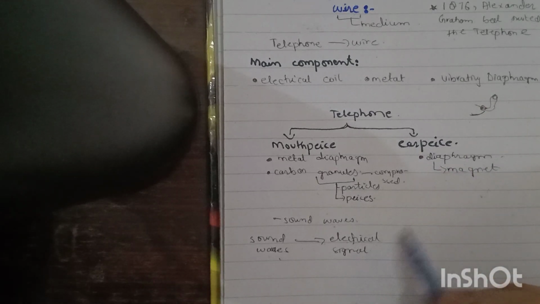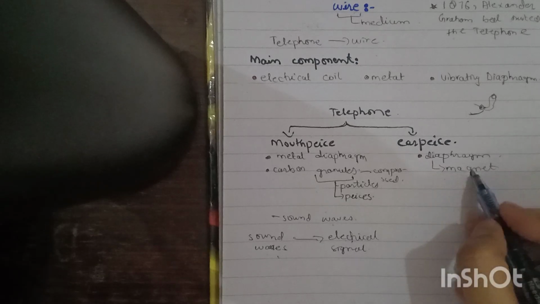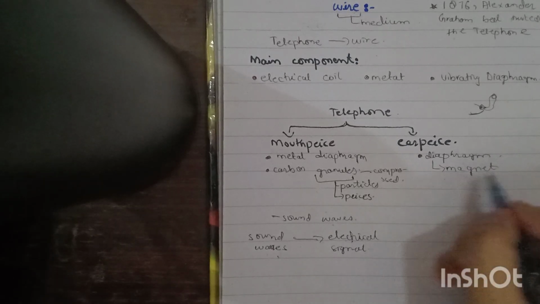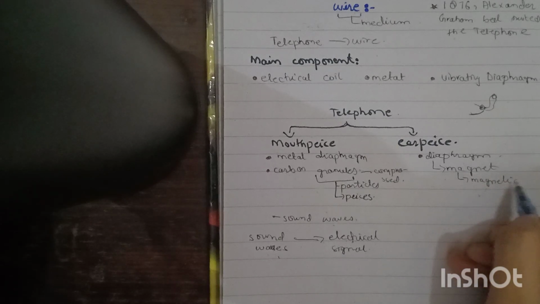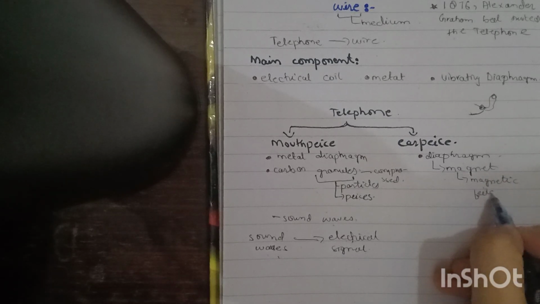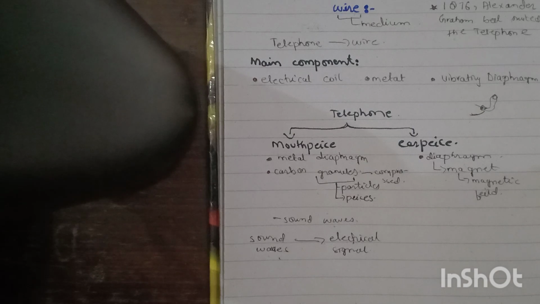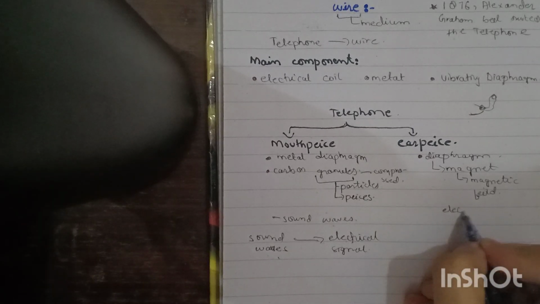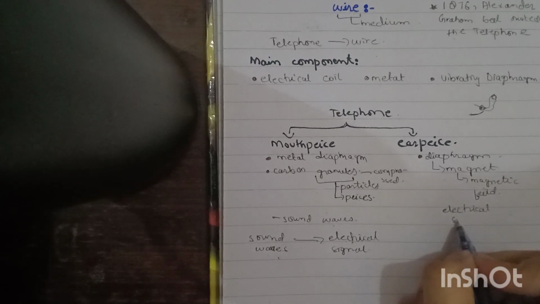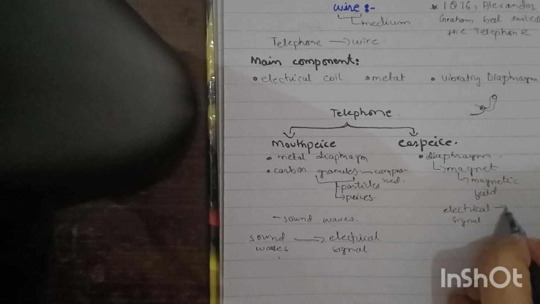When the electrical signal goes into this magnet, it produces a magnetic field. By this magnetic field, the electrical signals are converted again into sound waves.